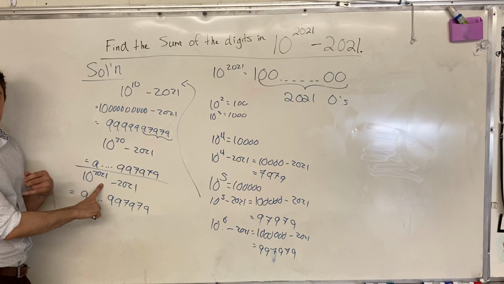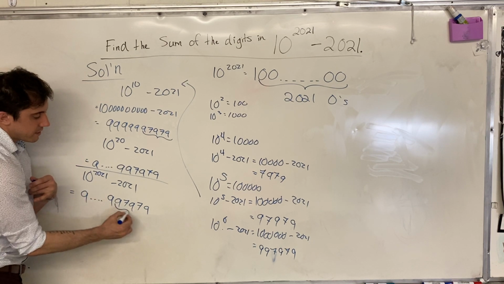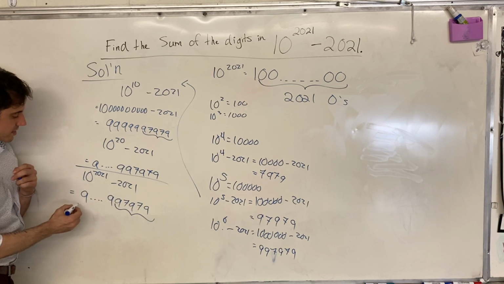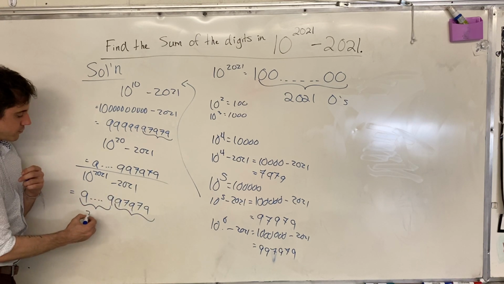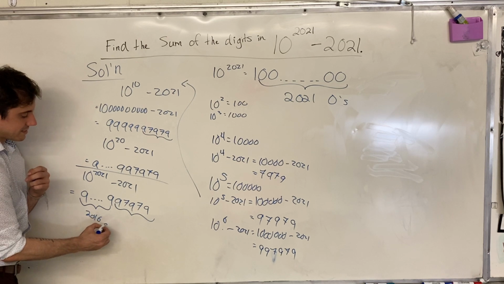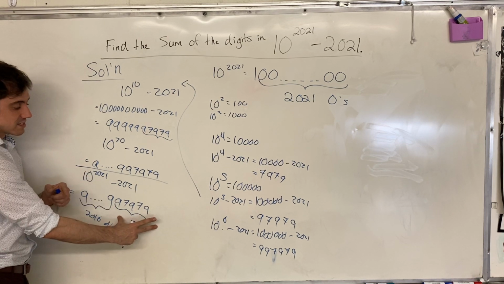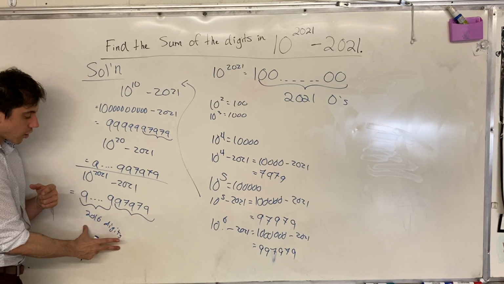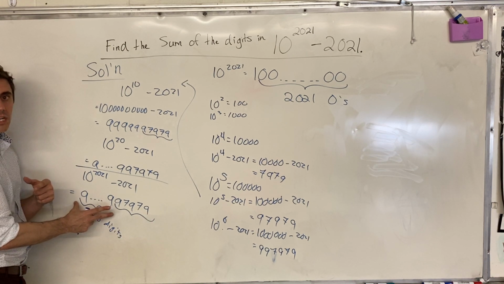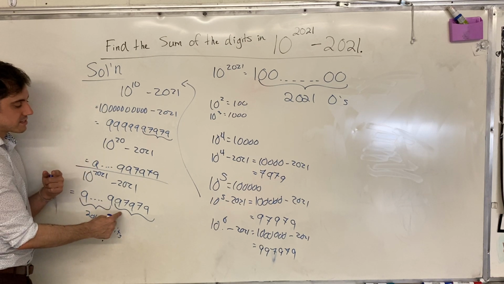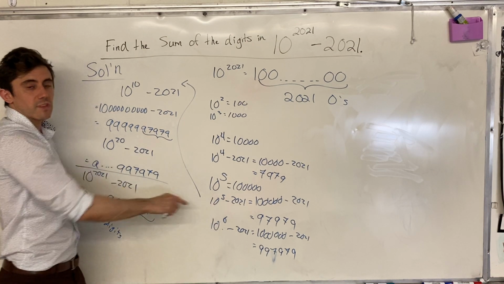2021 digits. The last 5 we know are consistently 97979, which means the first 2016 digits, right? 2021 minus the last 5 digits, are all going to be 9s. These are all going to be 9s, every last one of them. And the tail end will be 97979, which we found earlier on.